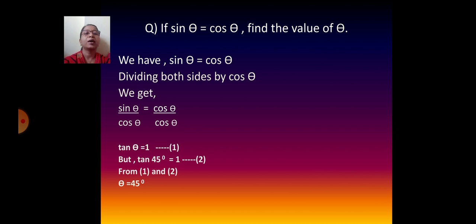So sin theta upon cos theta is tan theta is equal to, cos theta will get cancelled, so the right hand side is 1. Give this as equation number 1. But we know tan of 45 degrees is also 1. So give that equation 2. Now you compare both the equations, term by term. So from 1 and 2 you will get theta is equal to 45 degrees.